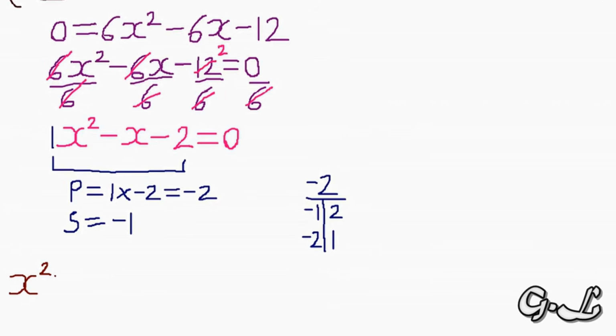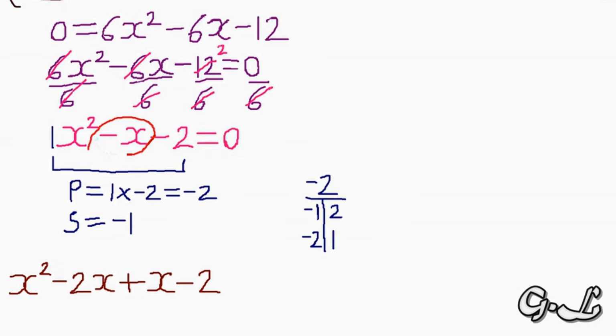We're going to write negative 2x, and then plus. Since we have positive 1, that is the reason we have written a plus, so it will be plus x, and then negative 2. That is the way we have calculated this.